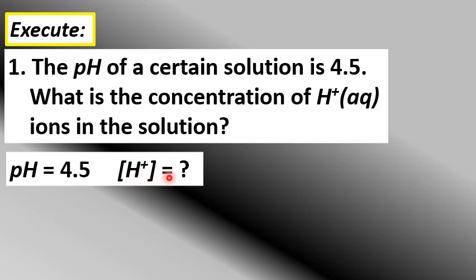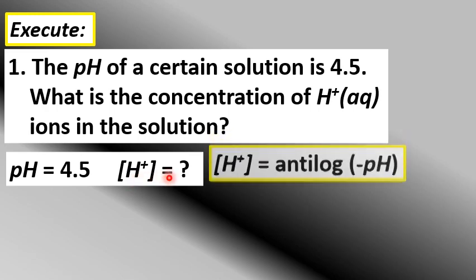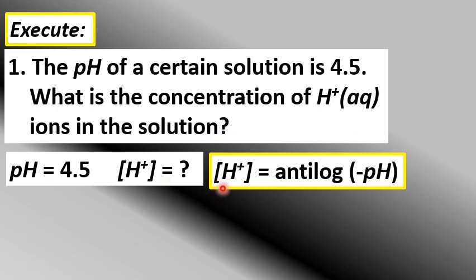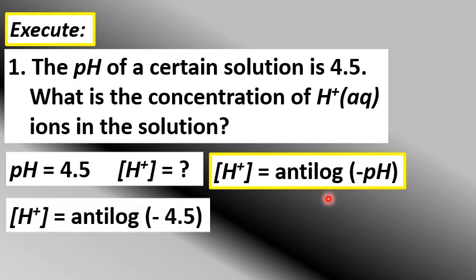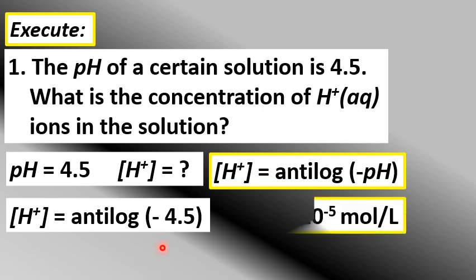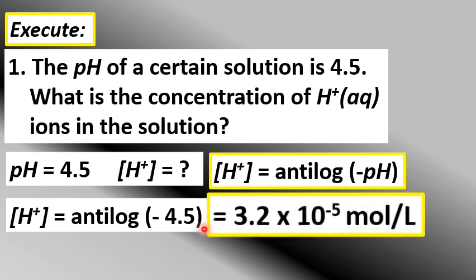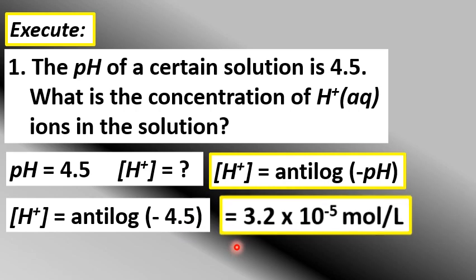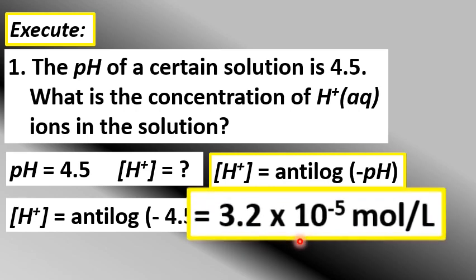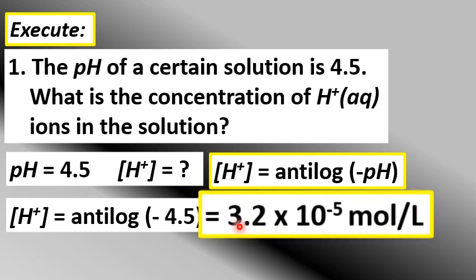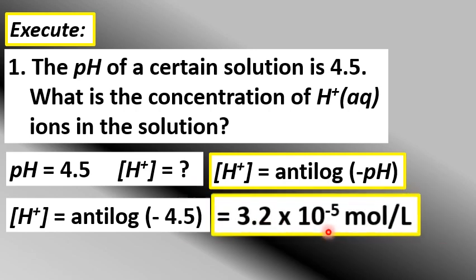Using the formula for that, which is equal to the antilog of the negative value of the pH, we determine the antilog of negative 4.5, and we will get the positive hydrogen ion concentration of the solution equal to 3.2 times 10 to the negative 5.